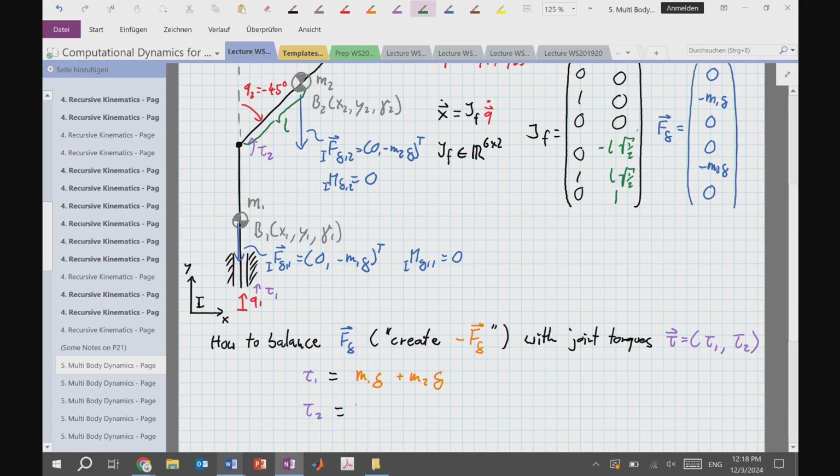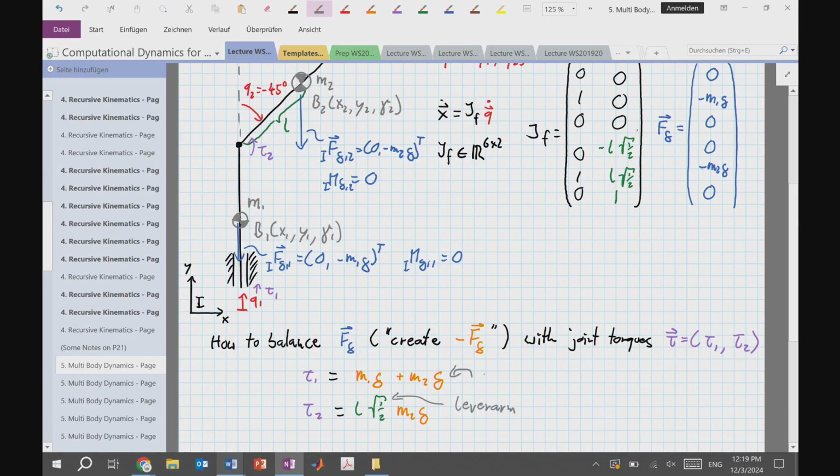L times sine of minus 45 degrees, which means square root of 2 over 2 times L times m2 times g. So we see here that somehow lever arms again play a role, right? So here it's very clear we have a lever arm. Sorry, not that thing, but this thing here.